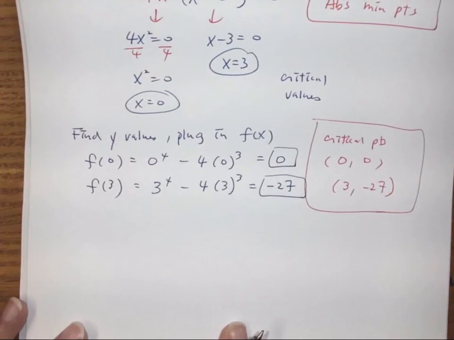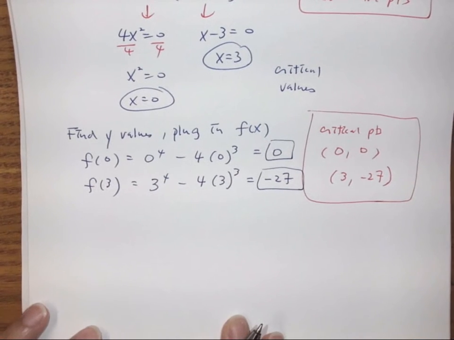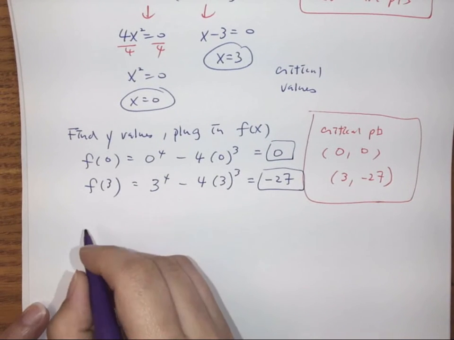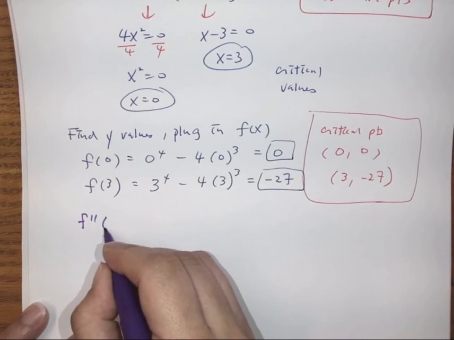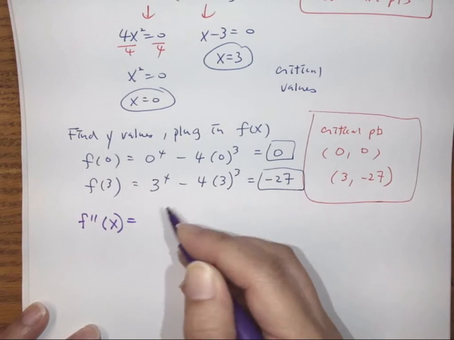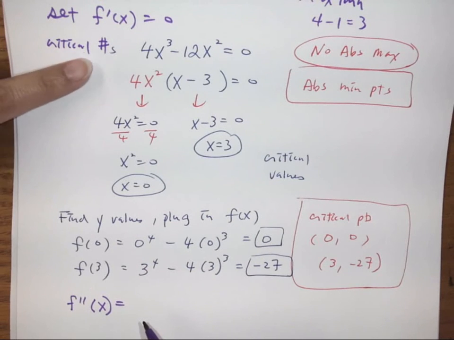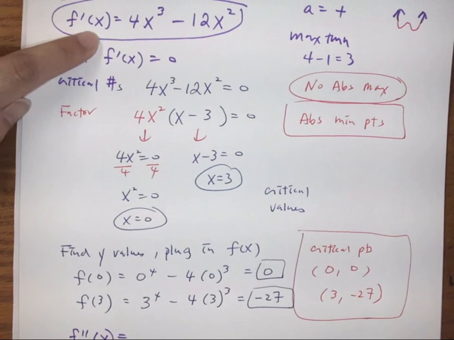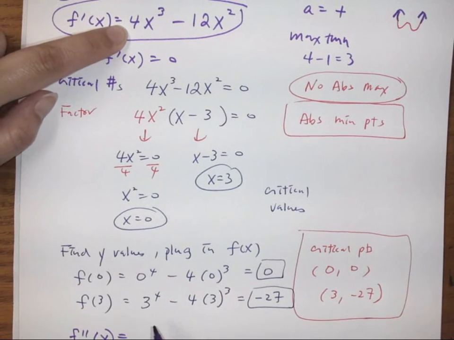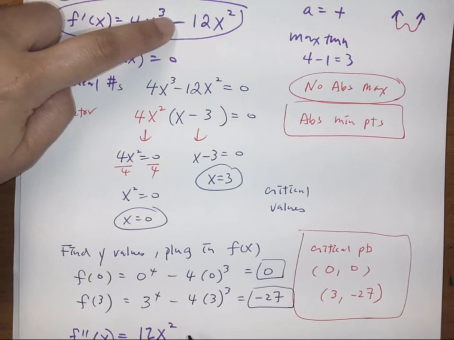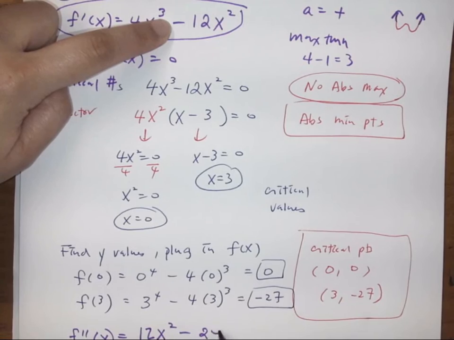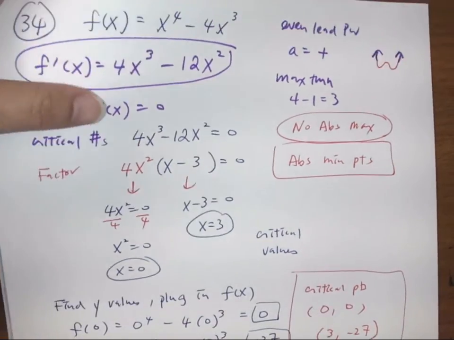All right, and then we're going to need to see if it's concave up or down, so we find f double prime of x, the second derivative, starting from this guy. Take the derivative: 4 times 3 is 12, x to the second, minus 12 times 2 is 24, x to the first power. So that's my second derivative.